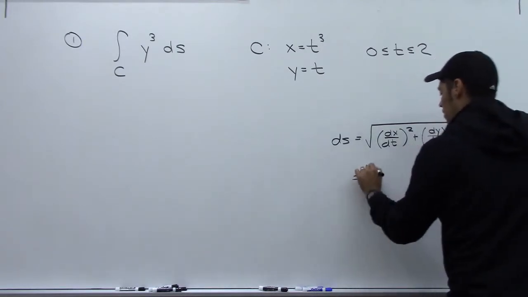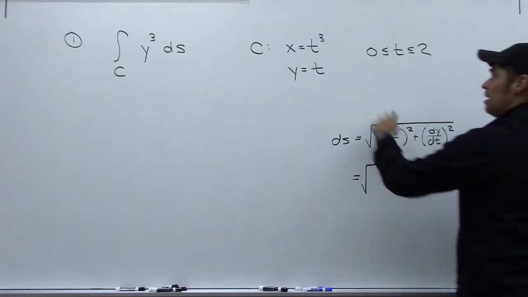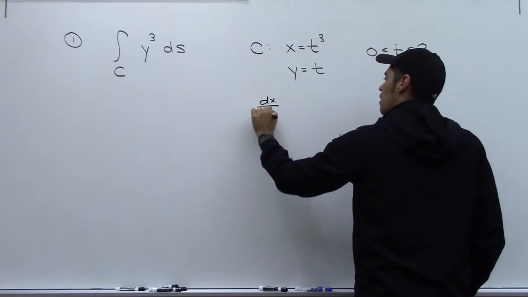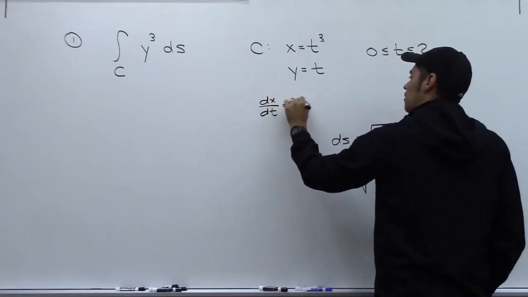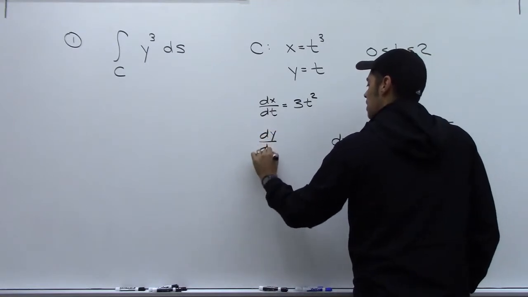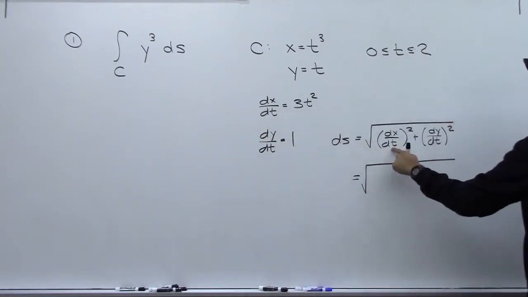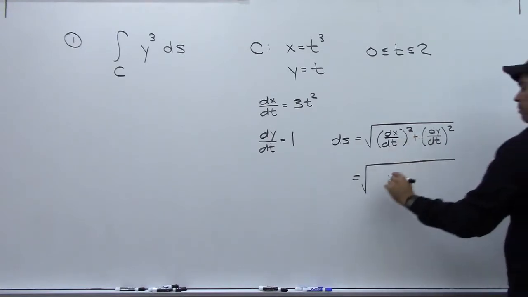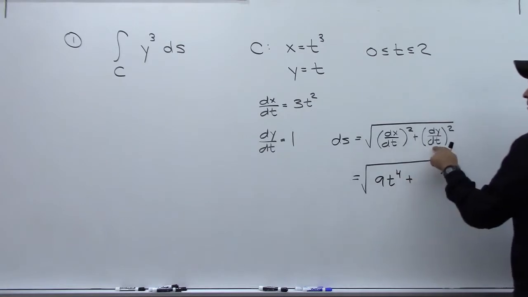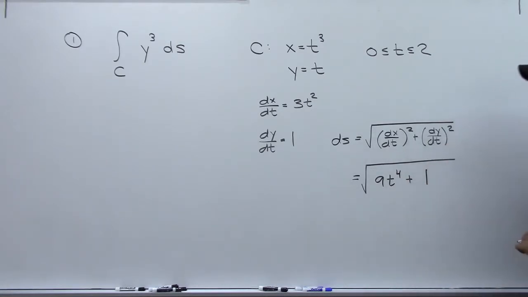This is the square root of the derivative of x with respect to t, which is going to be 3t squared, and the derivative of y with respect to t will just be 1. And so we're going to have 3t squared squared, which will give us 9t to the 4th, plus the derivative of y with respect to t, which is 1 squared, which is 1.